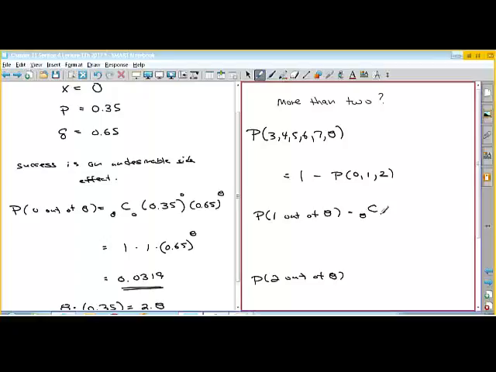So use the same formula. The only difference is that this will become 1, and this will become 1, and this will become 7. So you've got 1 success, 7 failures relative to how we defined it. So this one's also easy.